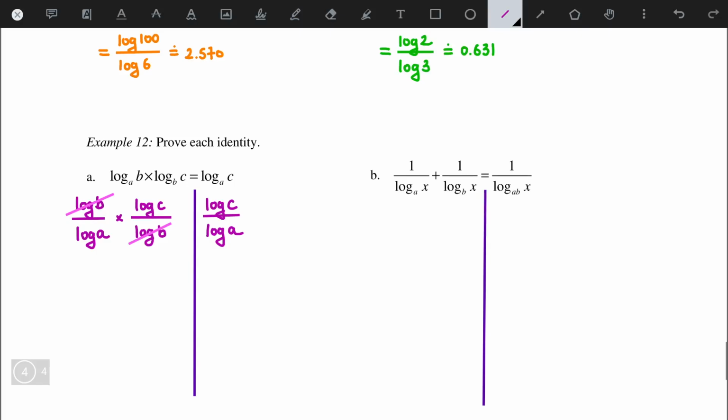So the first expression, we will have 1 over log x over log a.